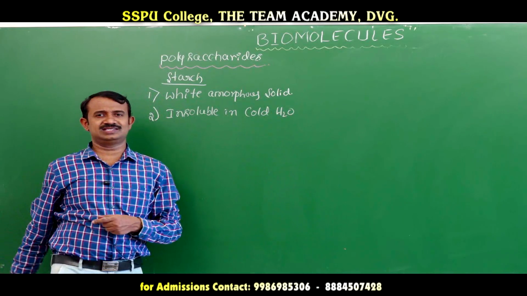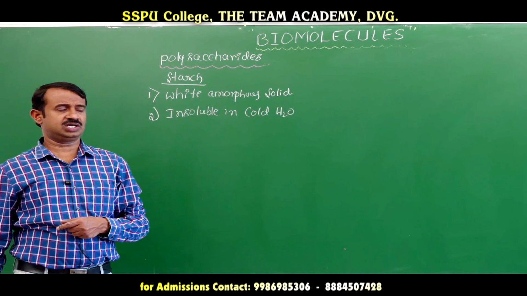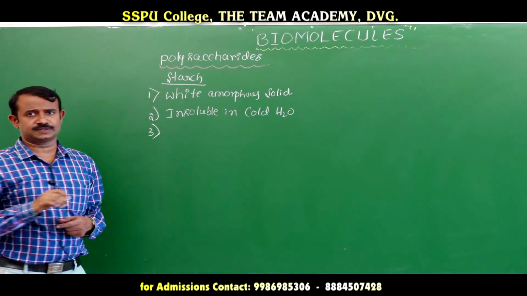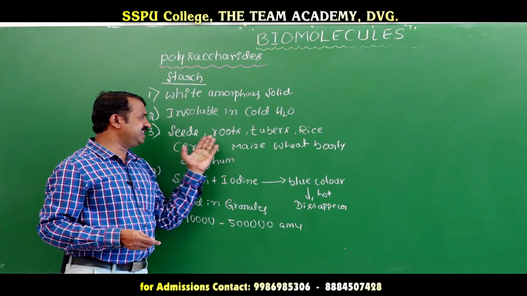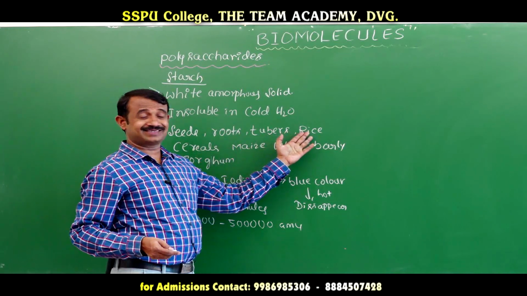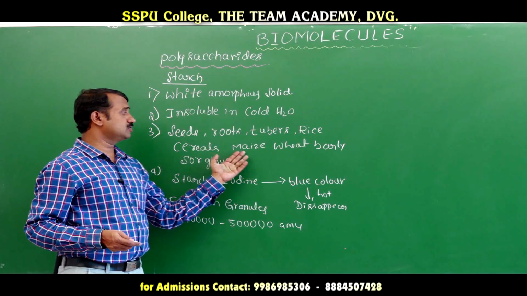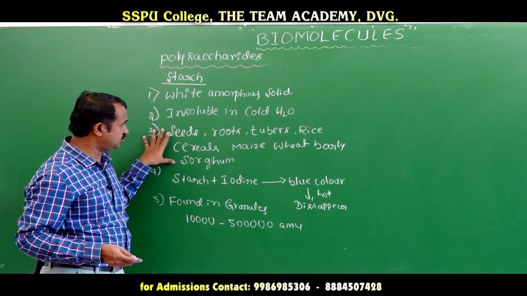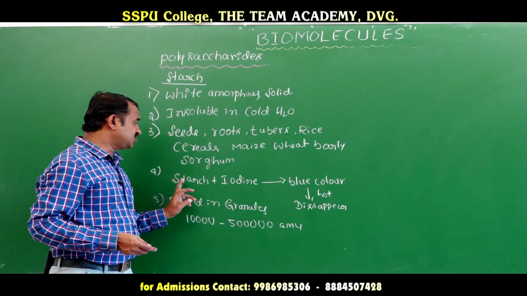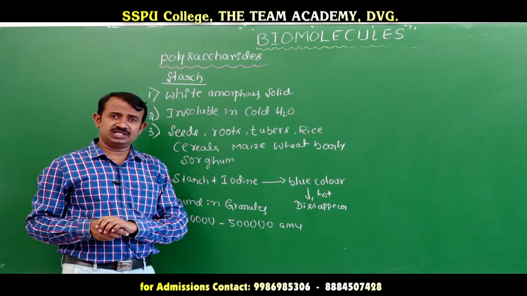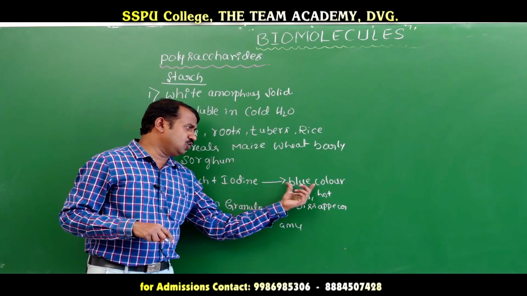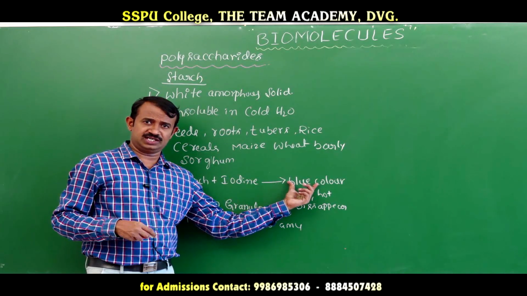Starch is found in seeds, roots, tubers, rice, cereals, maize, wheat, barley, and sorghum. These are the rich sources of starch. Starch reacts with iodine in the qualitative test in biology, and the blue color formed indicates starch.